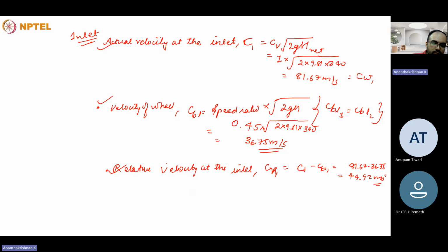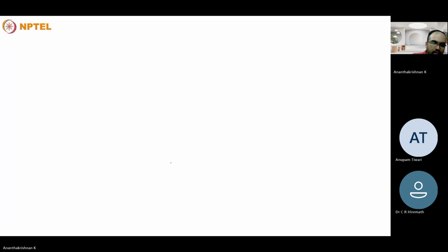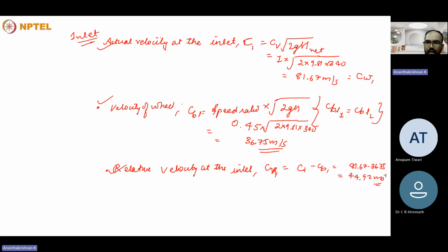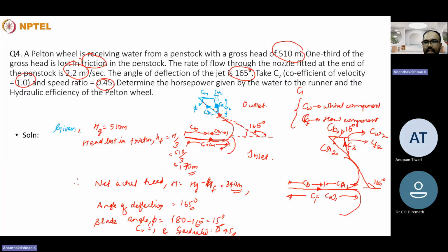Now we have to move into the outlet velocity triangle. From the outlet velocity triangle, the relative velocity, since the only thing that connects the inlet and the outlet apart from the blade angle is the inlet and the outlet relative velocities.